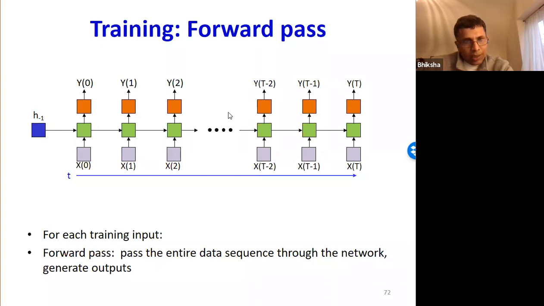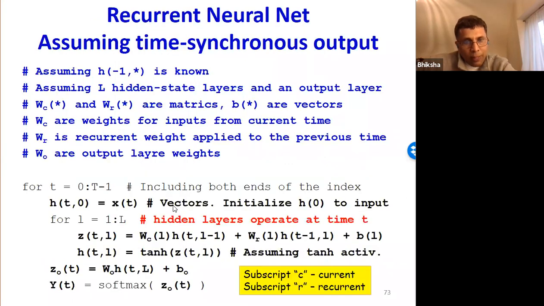So here's the pseudocode for the forward pass, or the inference. At each time, you'd go through the hidden layers. You can assume that the 0th hidden layer is the input.